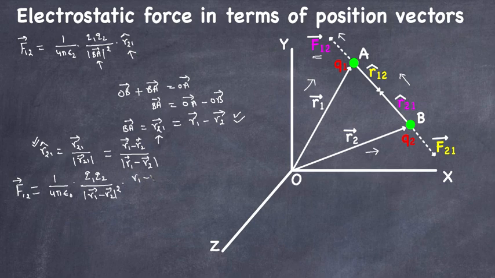So R1 minus R2, let's put them in parentheses, divided by the magnitude of vector R1 minus vector R2.